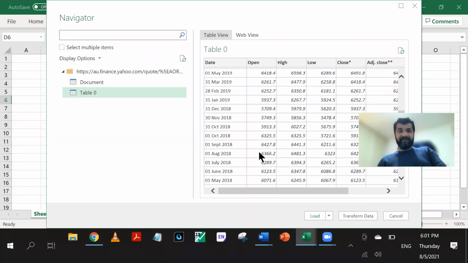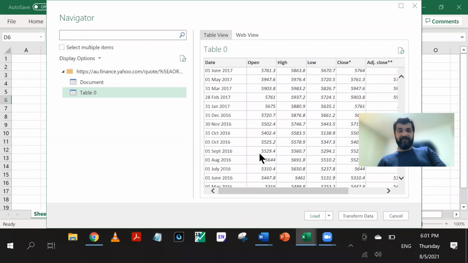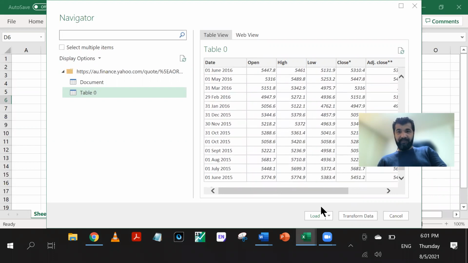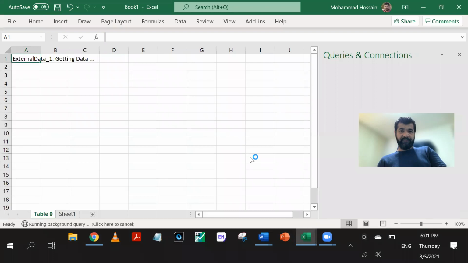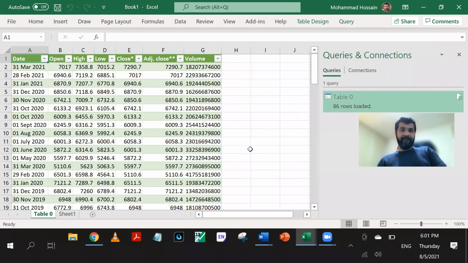So I need these things from 2014. All right, I'll say load it. It's getting data. Okay.